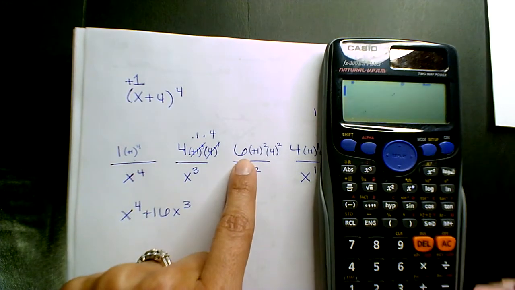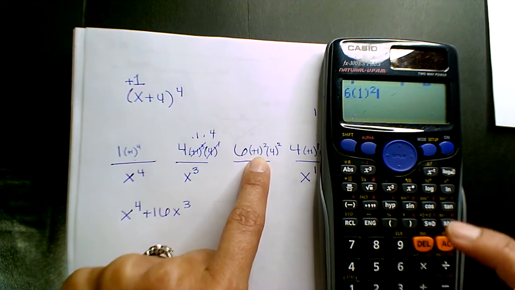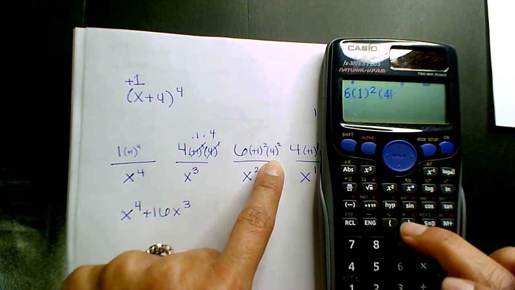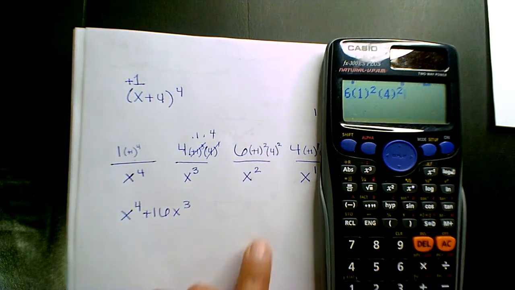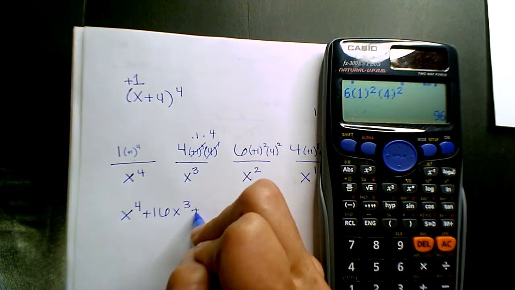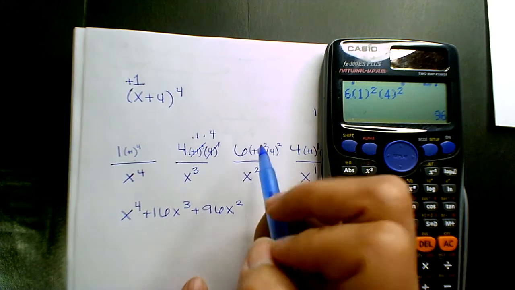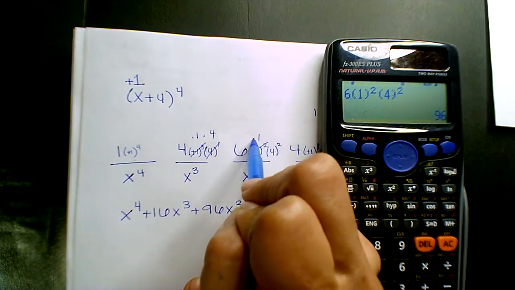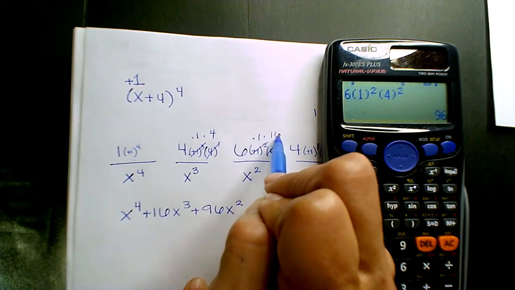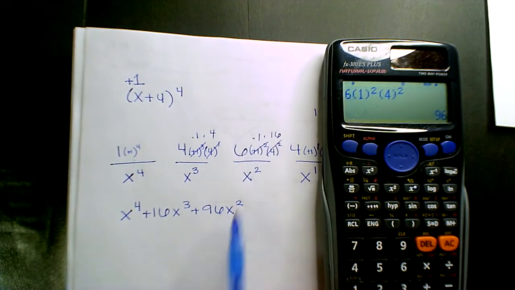Okay, next one. What's 6, 1 squared, 4 squared? And you get 96x squared. Or if you want to do it in your head, 6 times 1 times 16, since 4 squared is 16. What's 6 times 16? 96.